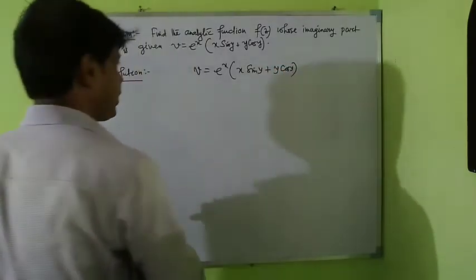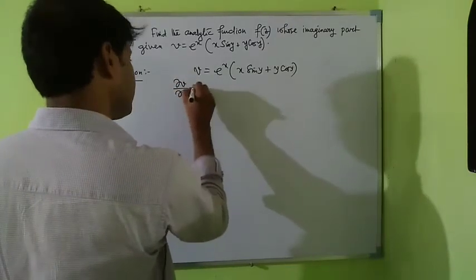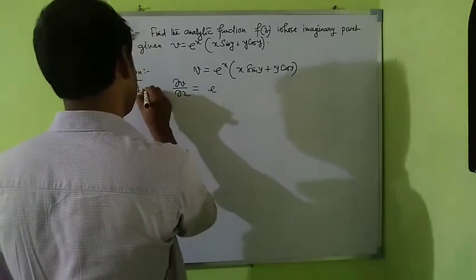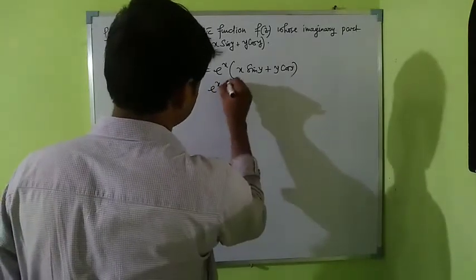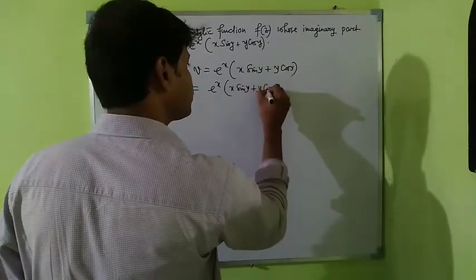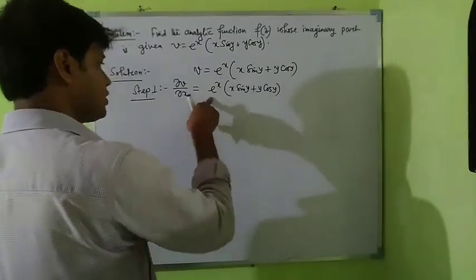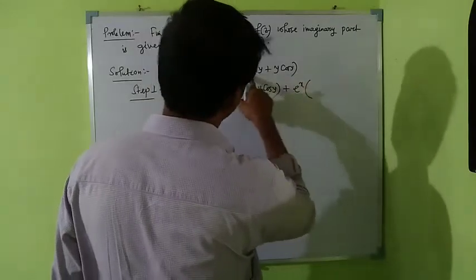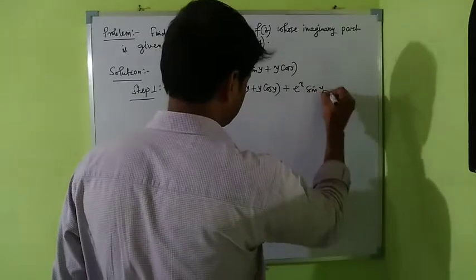First we find del v/del x and del v/del y. Step 1: del v/del x of e to the power x sin y plus y cos y. The derivative of e to the power x is e to the power x, so this is e to the power x into sin y plus y cos y plus e to the power x into sin y.